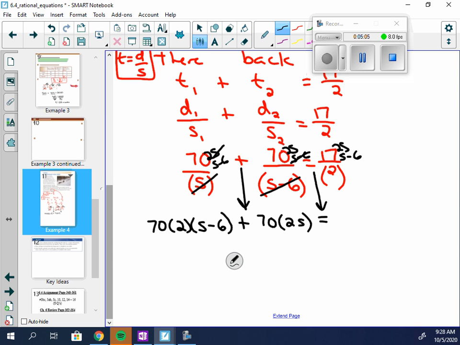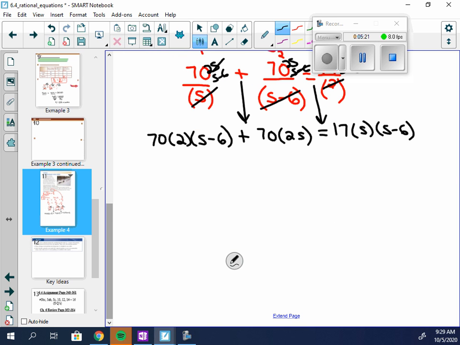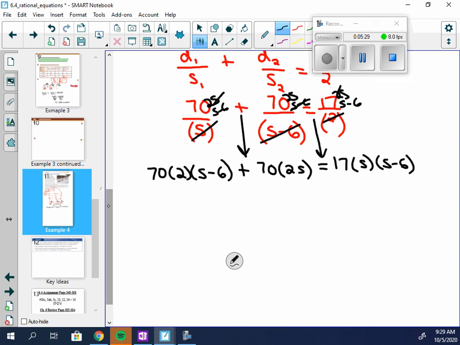And then on this one, the 2's cancel, so what I'm left with is 17 with an S minus 6. This will end up being a quadratic, but it doesn't look like one just yet because I have all my brackets. But I did need to factor it first to cancel my denominators. Now that I've canceled my denominators, I can multiply all these things back out.